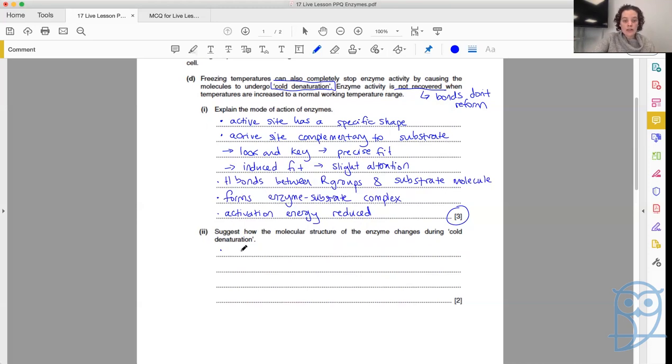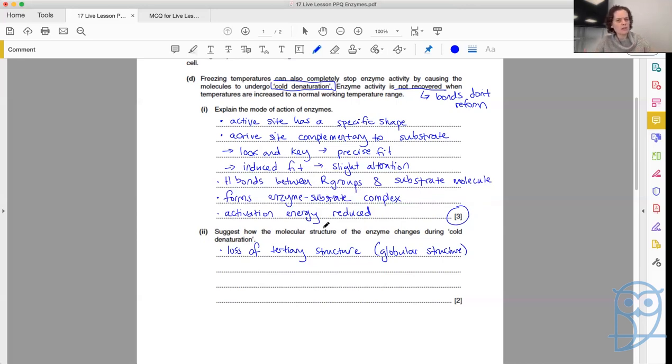So first thing is that we have loss of tertiary structure. We can even be more detailed here because we know that many enzymes have a globular structure. Okay, we're going to lose that, because we've lost bonding.